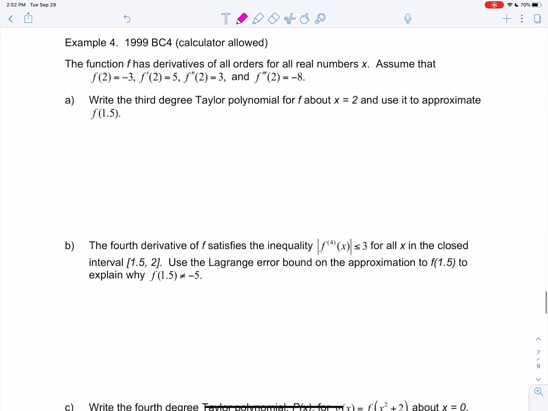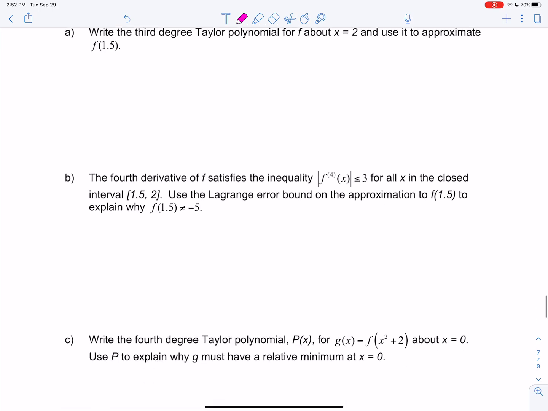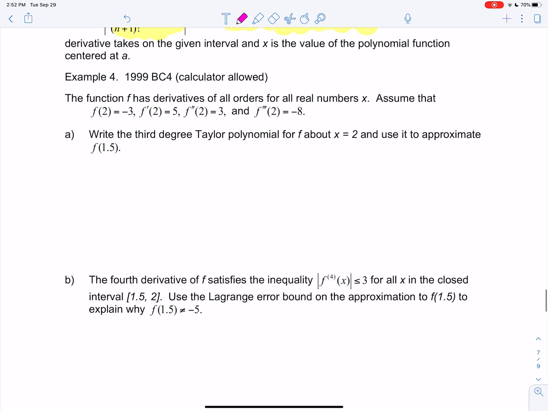I'm going to do part A for you guys to speed up the error question, okay? Here we want the third degree Taylor polynomial centered at x equals 2.